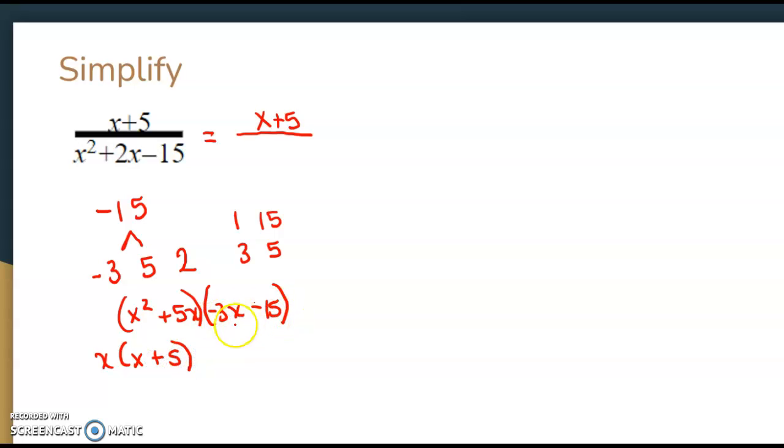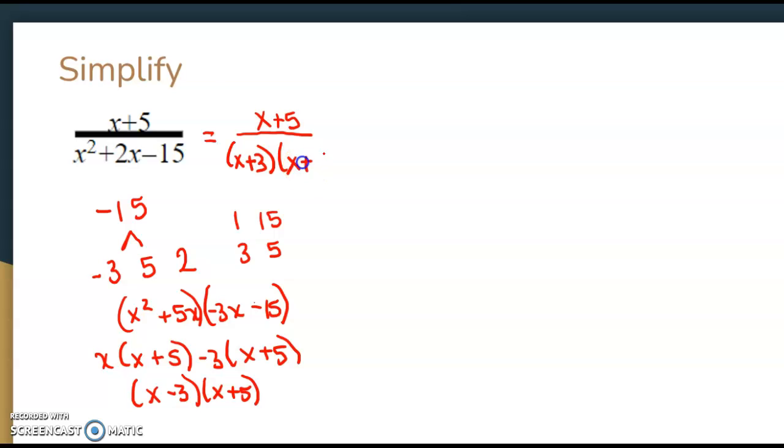The GCF in the second grouping is negative 3, which, wouldn't you know it, leaves me with x plus 5. I know I'm on the right track because those match. So I have x minus 3 and x plus 5. So that is going to go in my denominator. Oh, and this is a minus 3. Sorry.